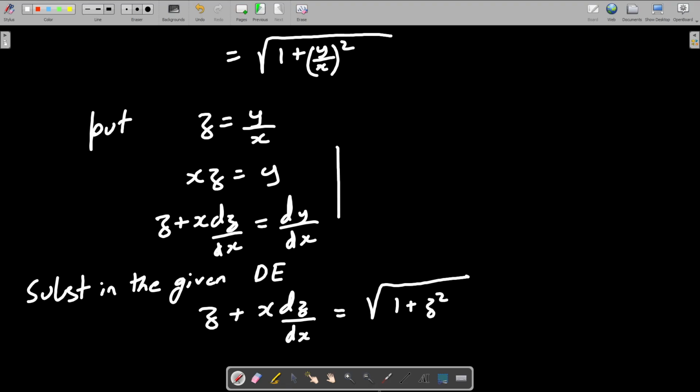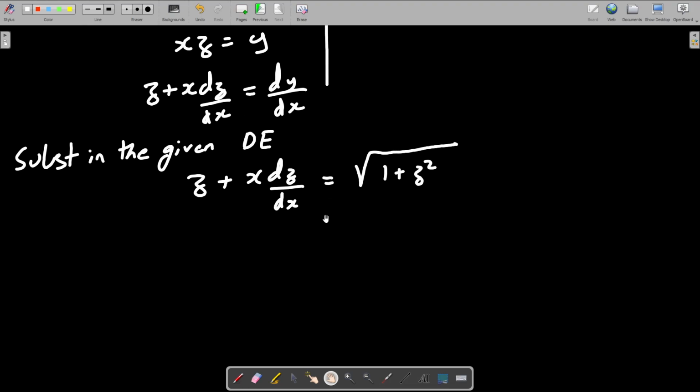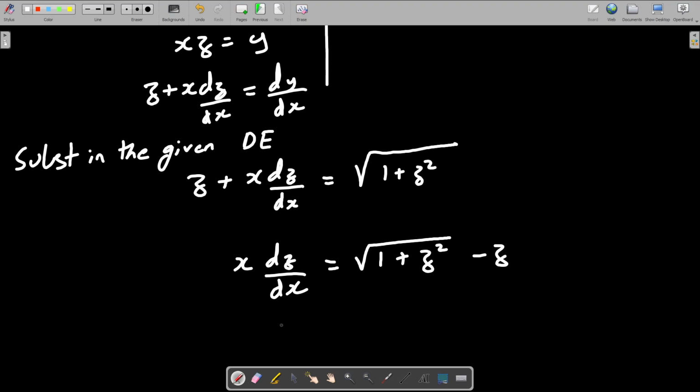Alright, so this is what you get. Let's simplify it now. x dz by dx will become root of 1 plus z square minus z, so dz over root of 1 plus z square minus z equals integration of dx by x. So we have reached here.